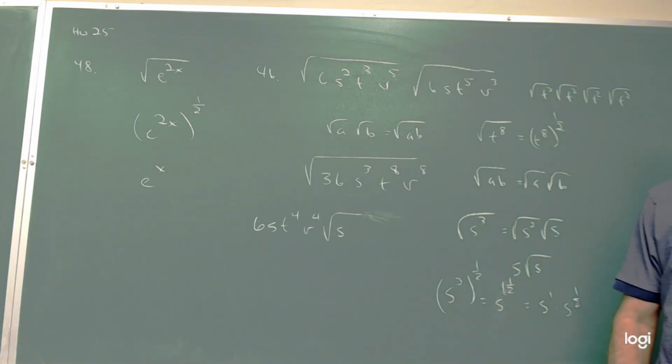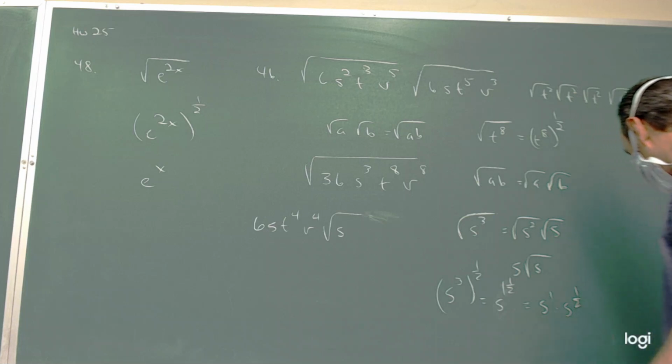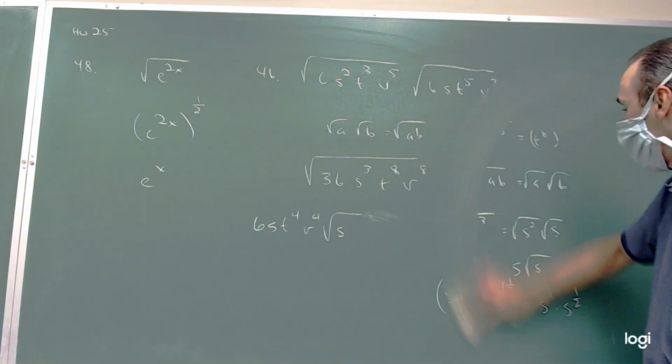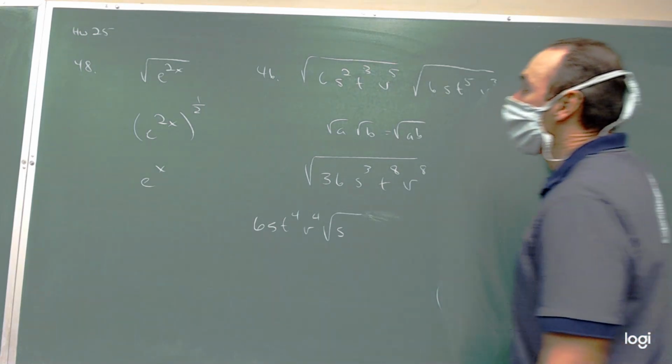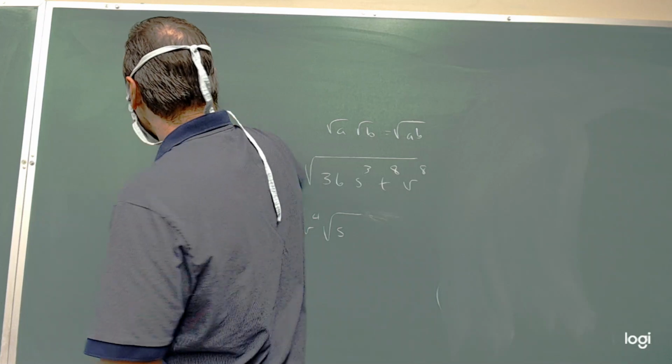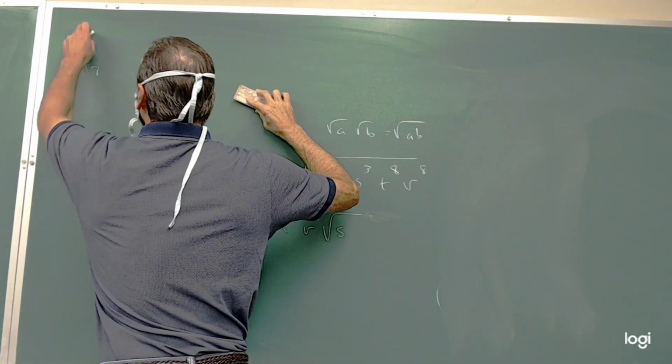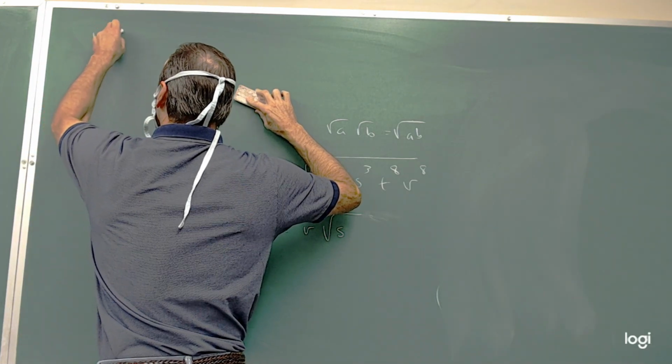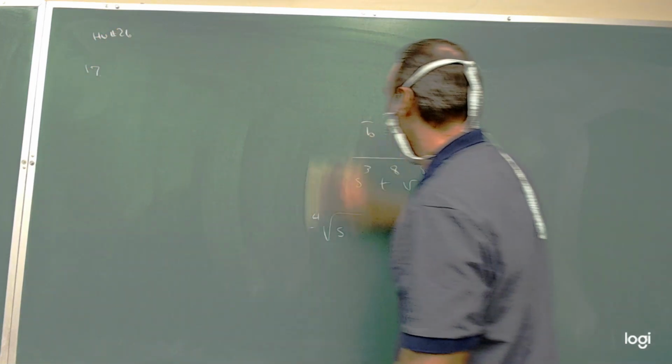Okay. Anything else from homeworks? Yeah, Emma? Can we go over 17 on homework 26? You know what that is, or do I need to go look that up? I don't know.